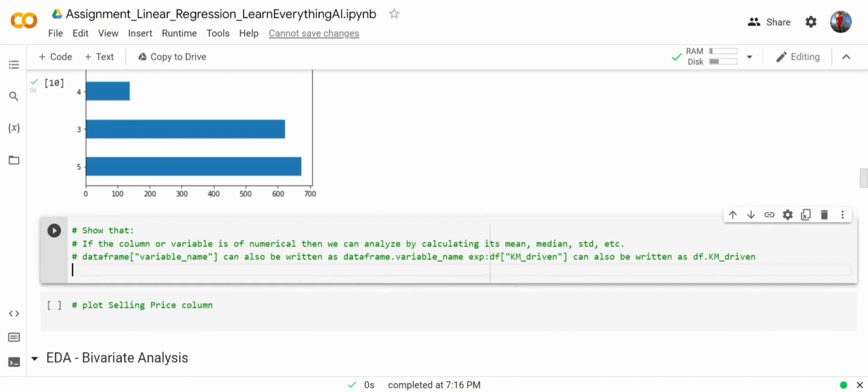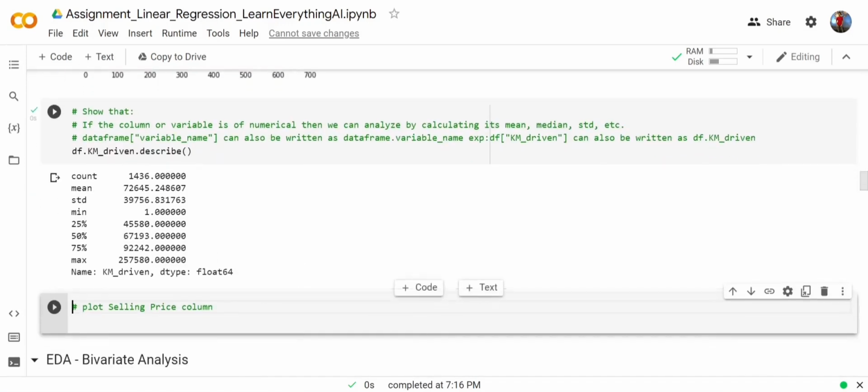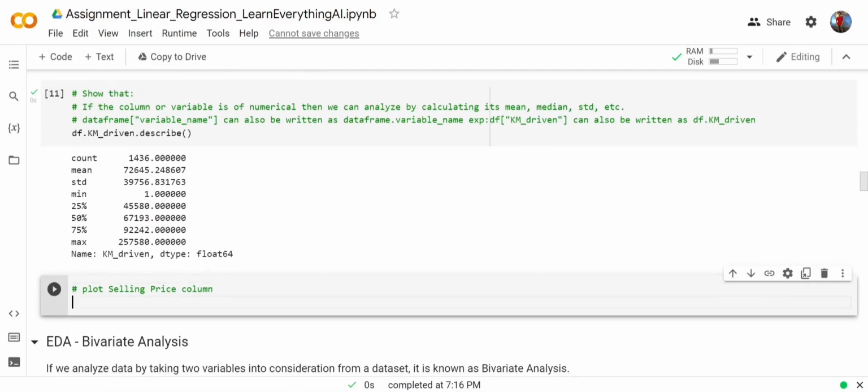Now, if the column or variable is of numerical type, then we can analyze it by calculating its median, mean, standard deviation, etc. So let us describe the kilometers driven column, and we can see the mean kilometers driven by a car, the standard deviation, the minimum value, the maximum value, etc. As kilometers driven is a numerical variable, we easily get the statistical data for such variables, and it will help us in our analysis.